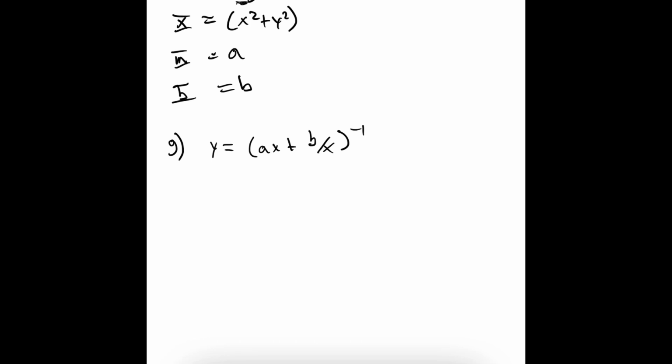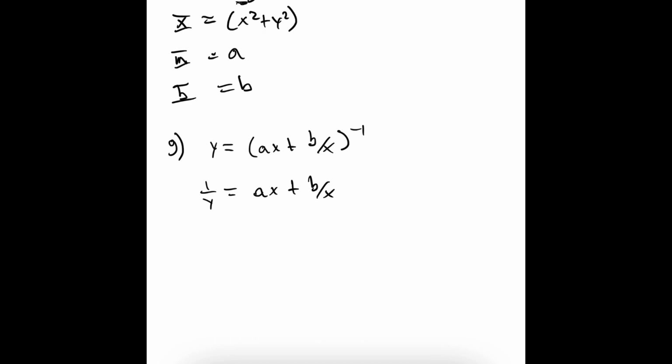Let's do the log again. So we take the natural log of y, we're left with the natural log. No, let's not do that. Let's just flip the reciprocal here. Taking the natural log doesn't really get us anywhere, so let's take the reciprocal. 1 over y, this looks a lot better. 1 over y equals ax plus b over x.